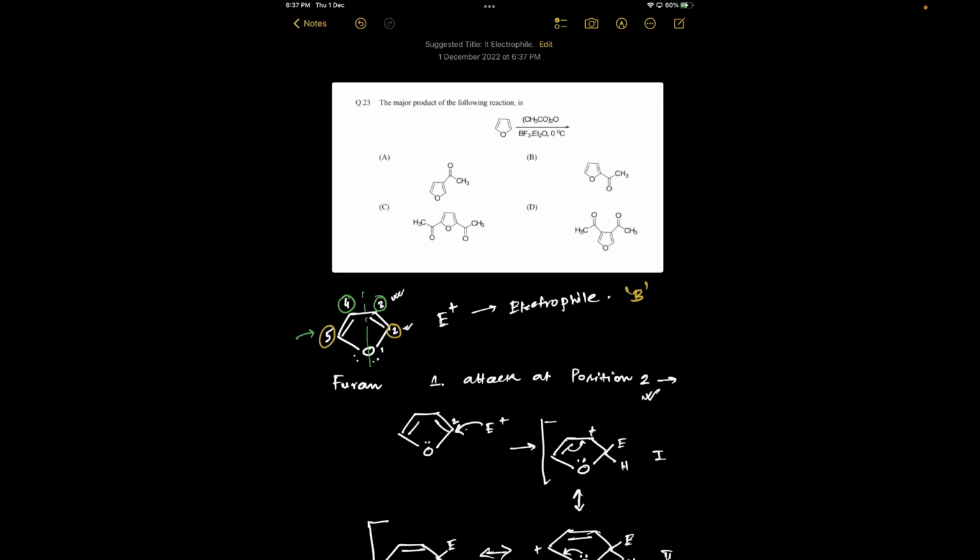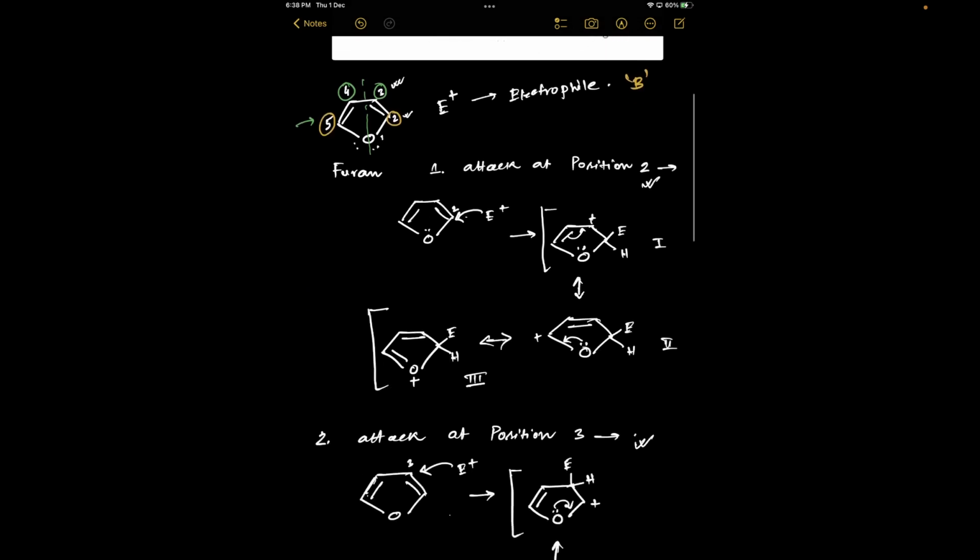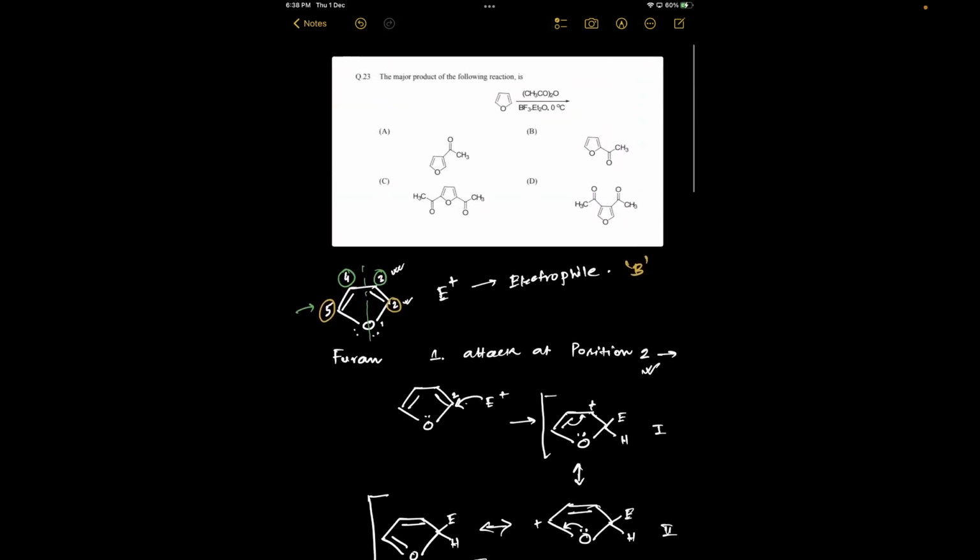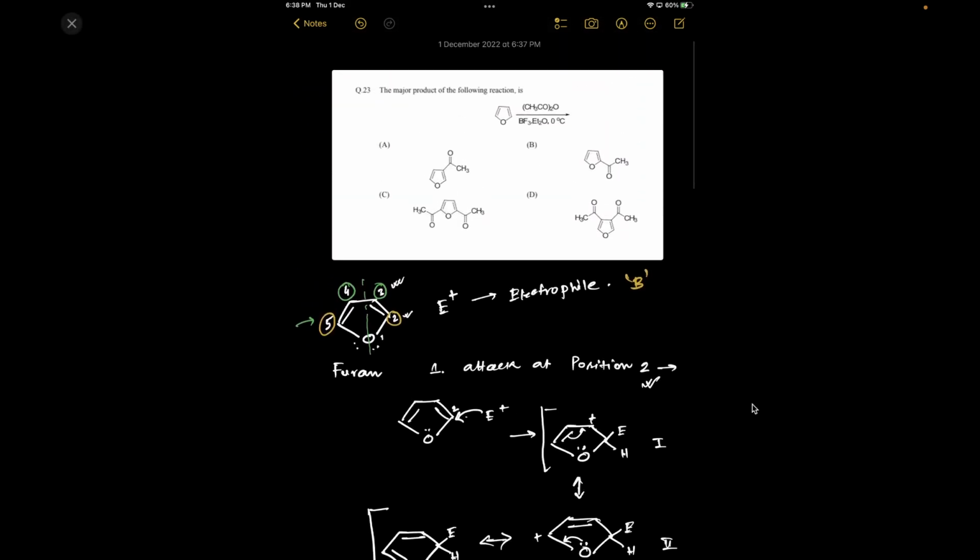So the attacking of electrophile on both positions will depend on the temperature, because at low temperature the reactivity will be slower, and if we increase the temperature the reactivity will be larger. So the option B will be the correct answer.